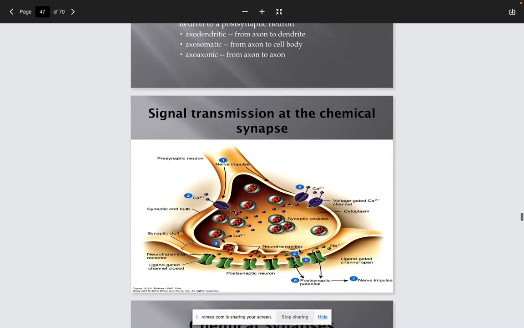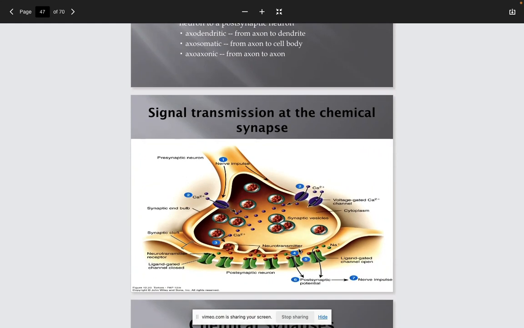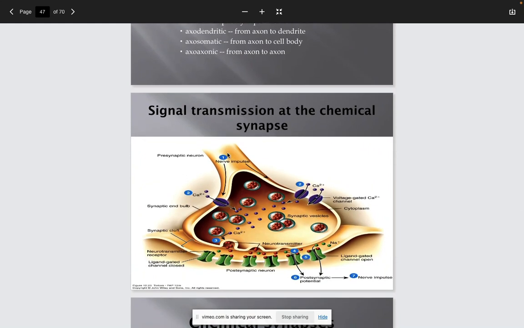So this is a type of chemical synapse in which you have a nerve impulse, which is generated down the axon to the presynaptic neuron, and this nerve impulse is going to trigger calcium entry. Okay, calcium entry to the cell body, and then from here the neurotransmitter is going to be released. Okay, the neurotransmitters are released, and again, this is the presynaptic neuron.